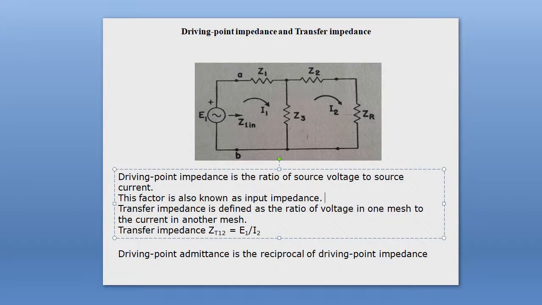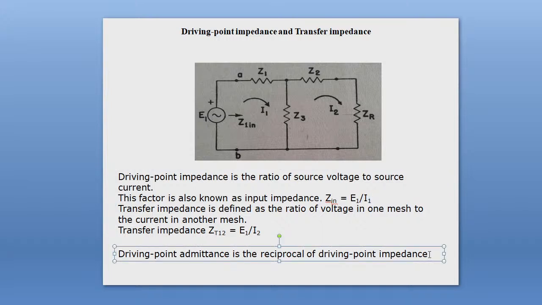So let me write Z in equal to E1 divided by I1. Everyone please look at the expression of driving point impedance, which is nothing but the ratio of input voltage and input current. Therefore, the expression of driving point admittance is I1 divided by E1.